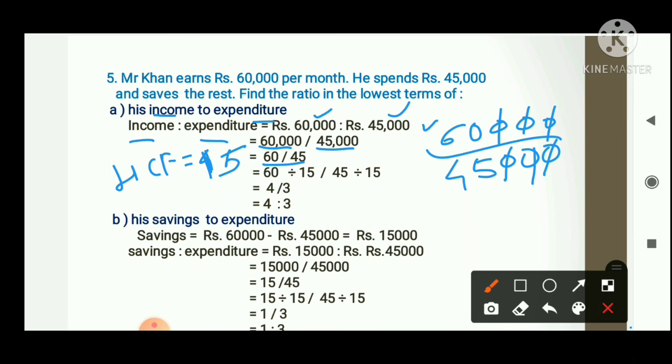Now to reduce it into simplest form, we have to divide both the terms by their HCF. So we divide 60 by 15 and 45 by 15. In 60 divided by 15 we get quotient 4, and 45 divided by 15 we get quotient 3. So its ratio is 4:3.